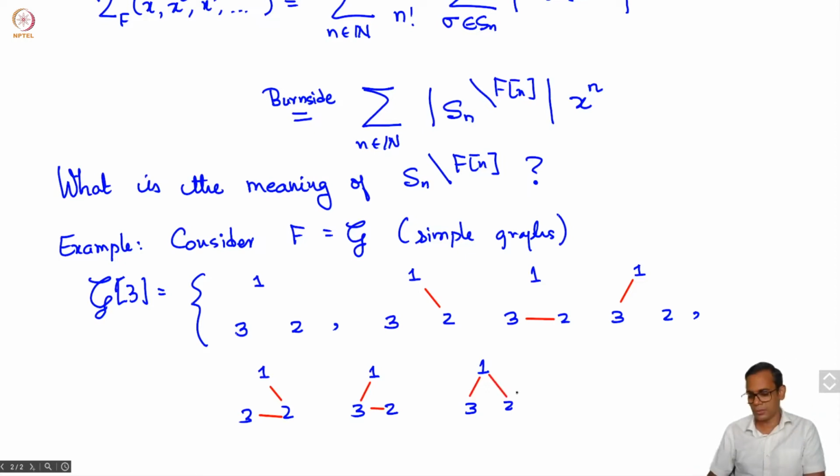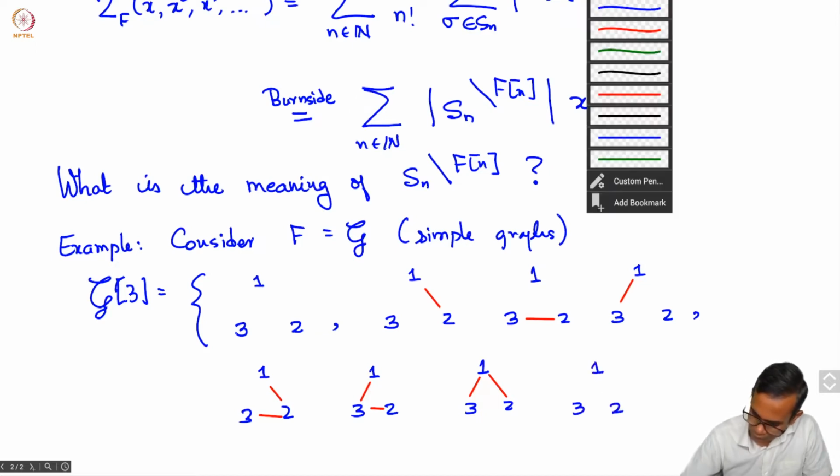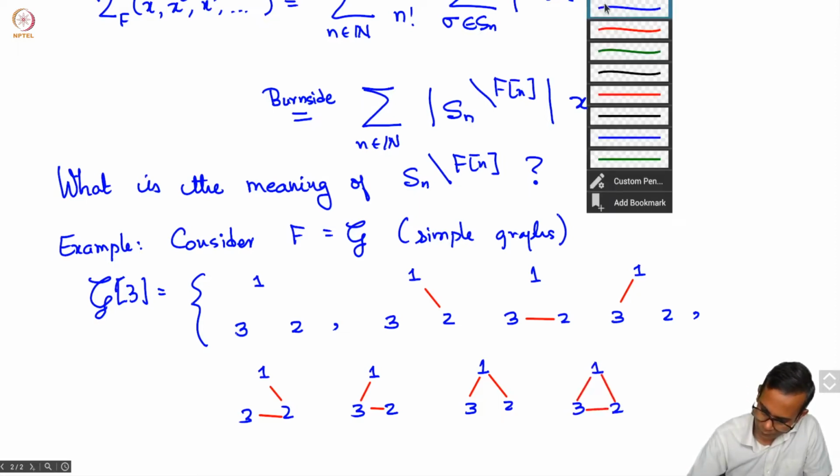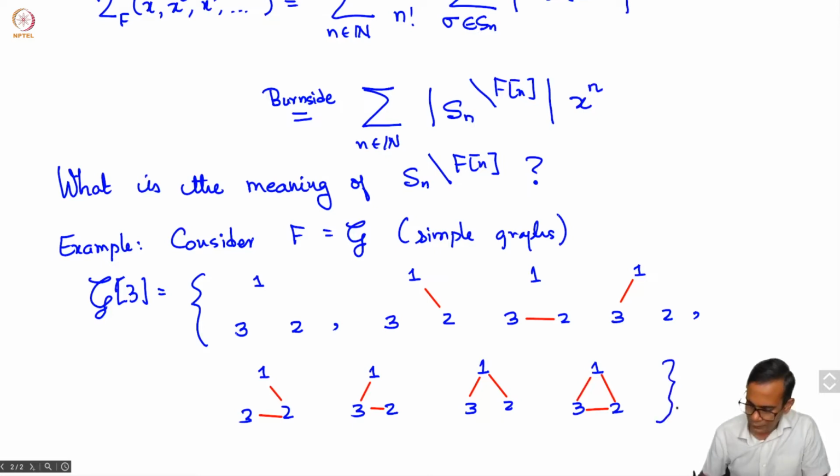And finally there's one graph structure with three edges. And so totally there are six graph structures. And now the question is, which of these are in the same S3 orbit?